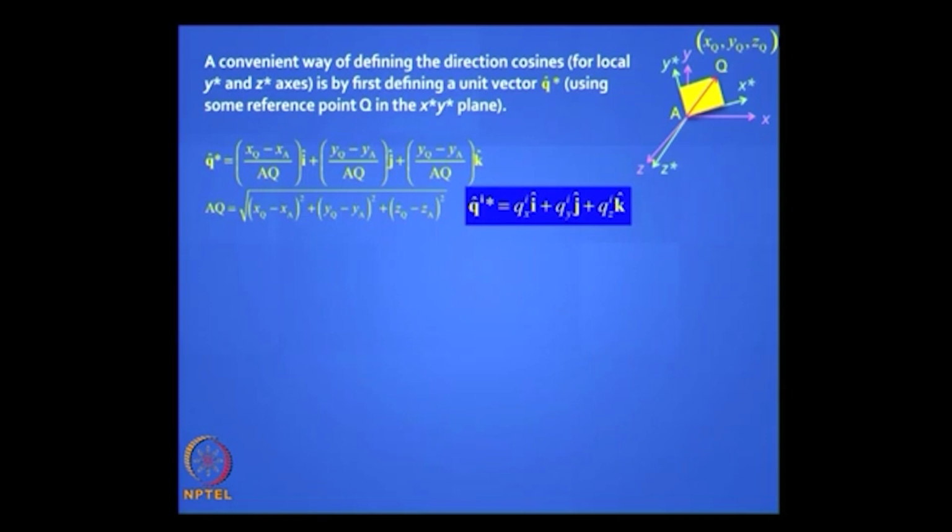Can we do that? You can do that, and the length of the vector is known, so you can get qxi, qyi, qzi as the direction cosines of this vector. Clear? But how does this help us get the unit vectors in the y star and z star direction? What do we do next?